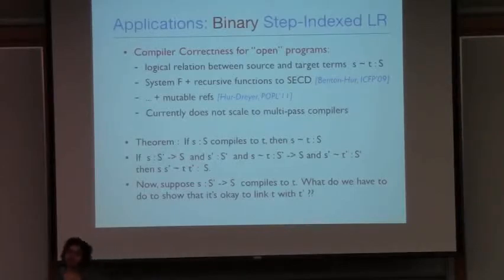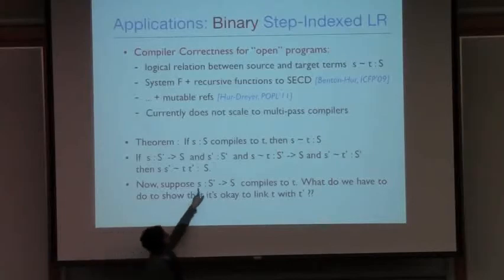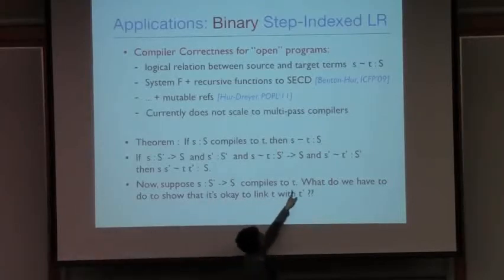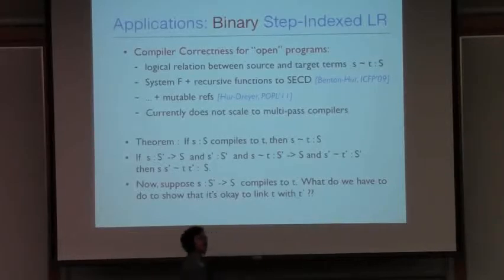So you compiled s to T using CompCert or your certified compiler, and now you are given a T prime. If I use my verified compiler to compile s to T, and I now want to link with T prime, what do I need to do?